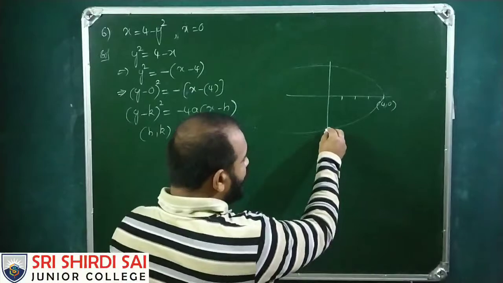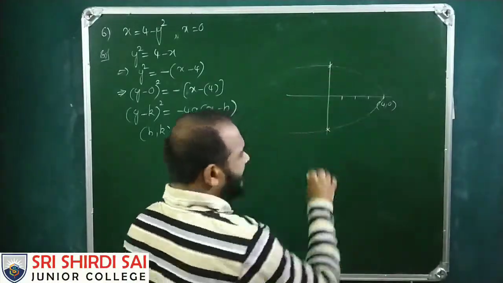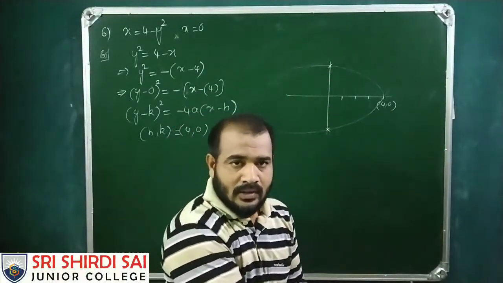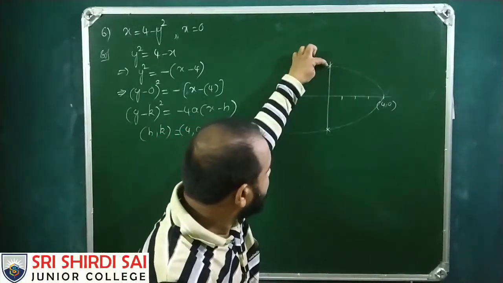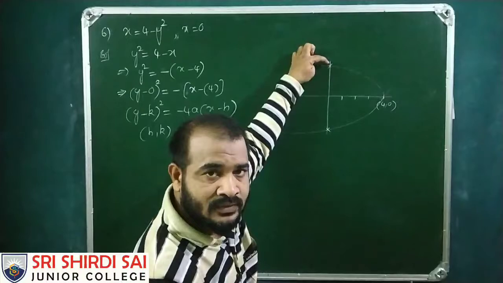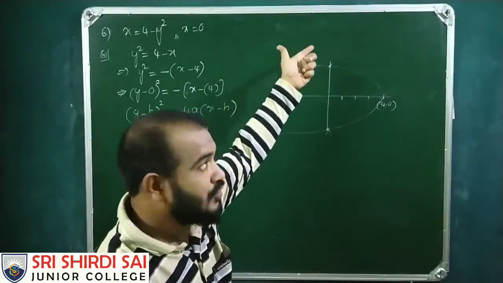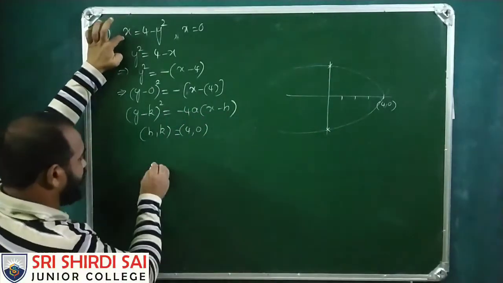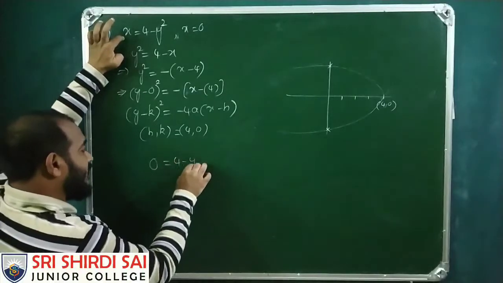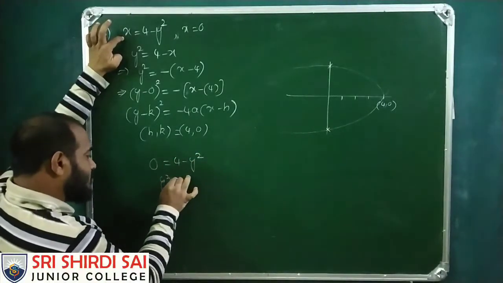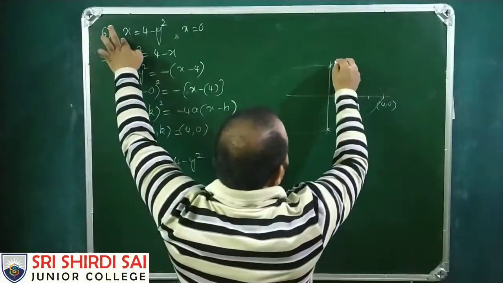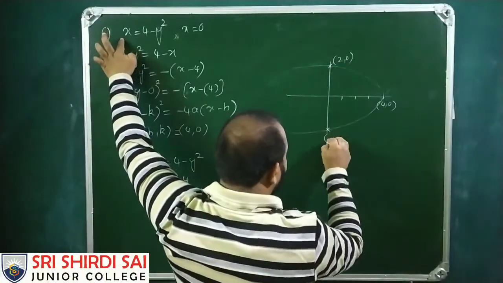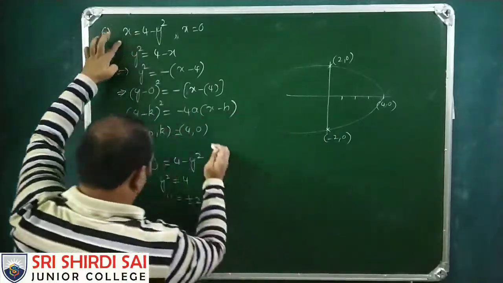And here x equals 0. If you want to know where this parabola cuts the y-axis, which is not necessary for this problem, you substitute x equals 0: 0 equals 4 minus y square. So y square equals 4, y equals plus or minus 2. That means this is 2 comma 0, this is minus 2 comma 0.